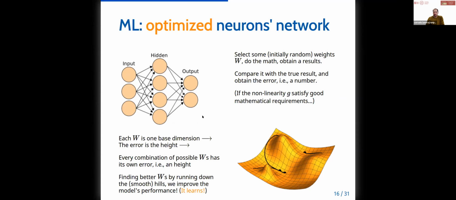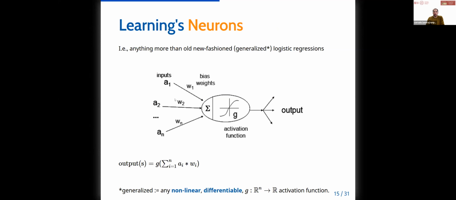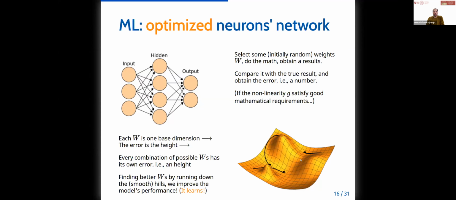So every set of numbers that you consider as W corresponds to a point on that surface, whose height is the amount of error you have made. Because it is smooth, you can follow some strategies to run down this surface to reach a minimum. The process of running down that surface is the learning process. You are learning because as you move on this surface, you are improving your performance, because you are reducing your error.